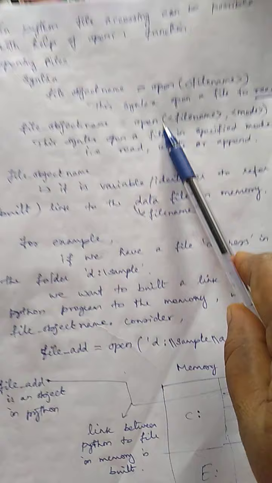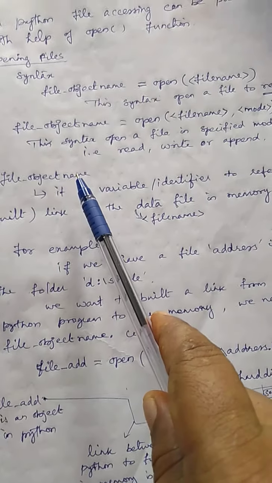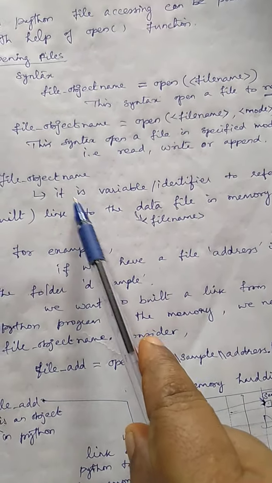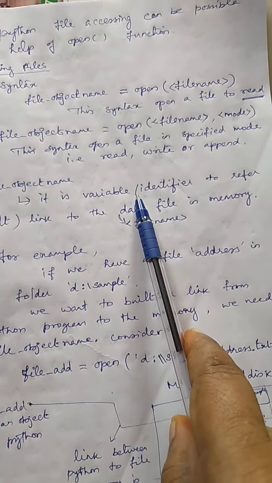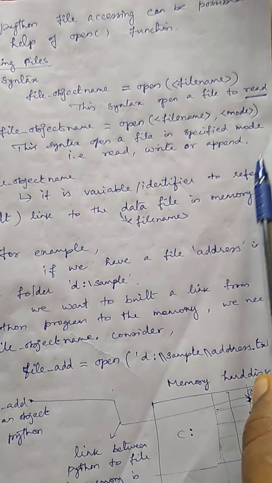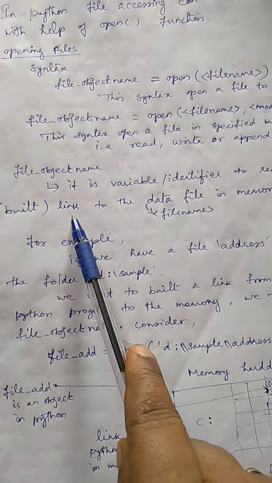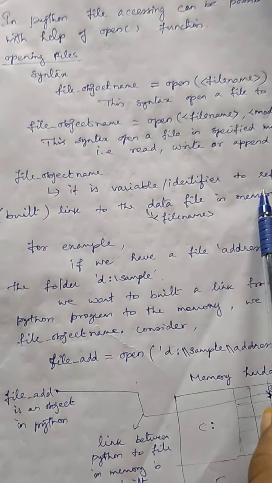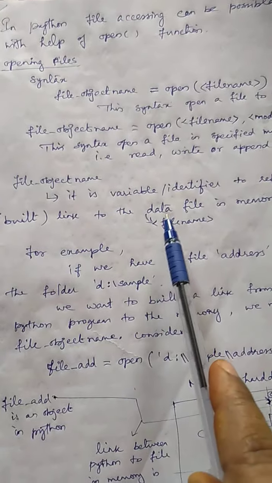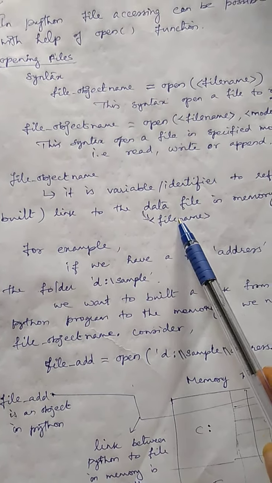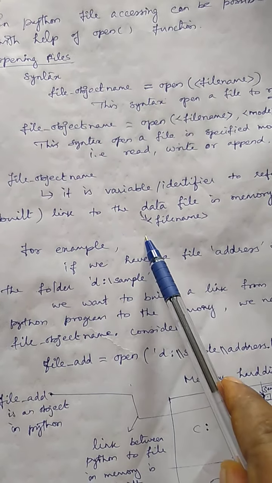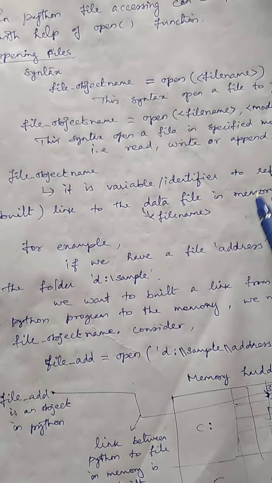Here we can consider the file object name. What does it mean? The file object name is nothing but a variable or identifier to refer to the file in the memory, and it builds the link between the file and the memory. So in our Python program, whatever file we are going to use, it builds a link between that file and the memory where the file is stored.